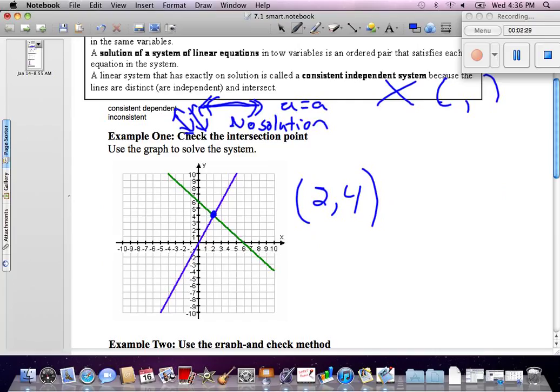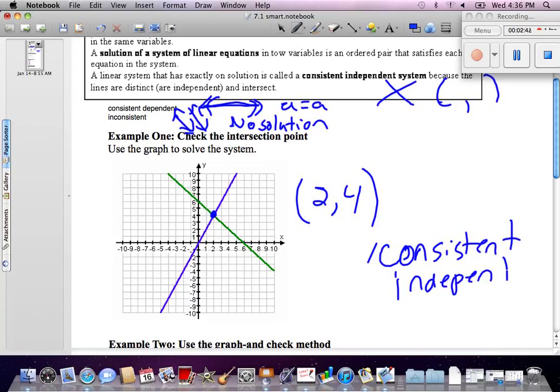We would label this one as consistent independent. So this is just like we did before. They're both graphed, and they cross at a point, which is the solution where both of them work.